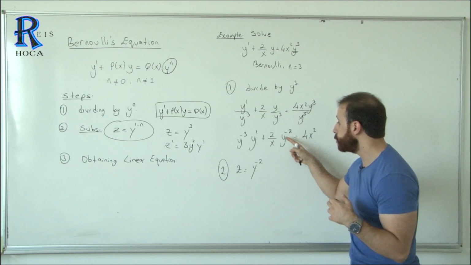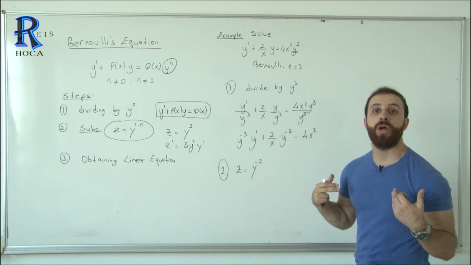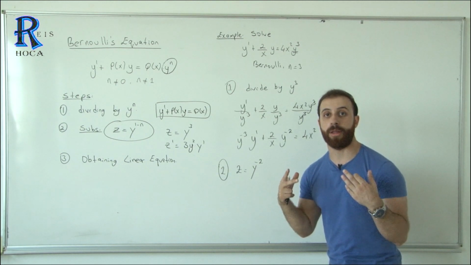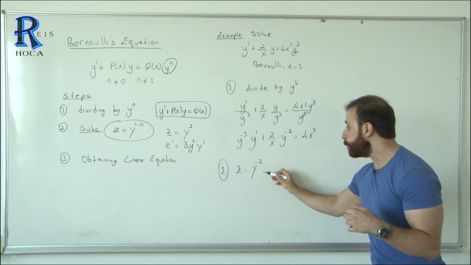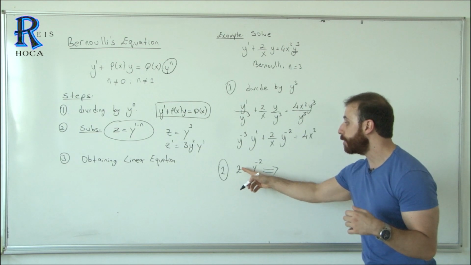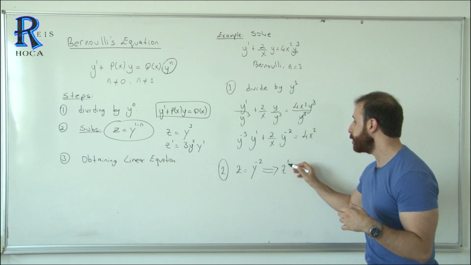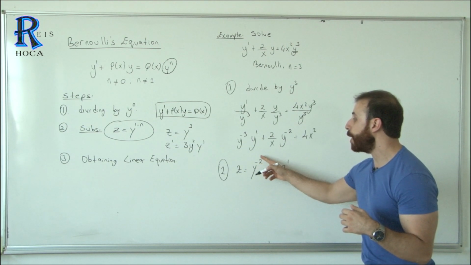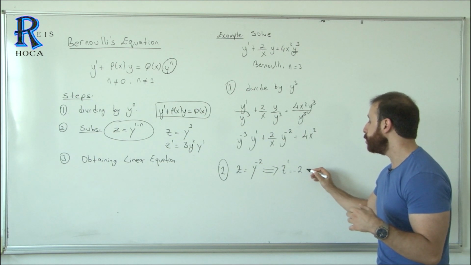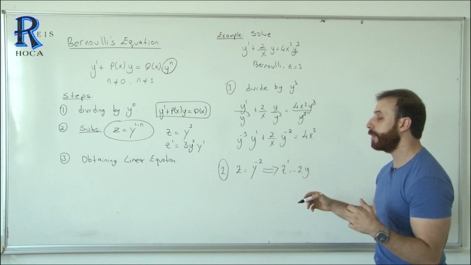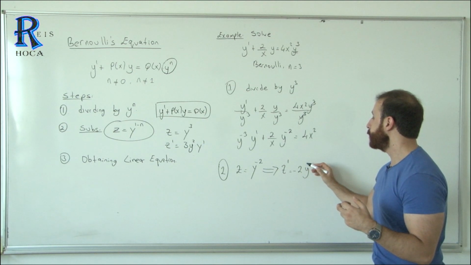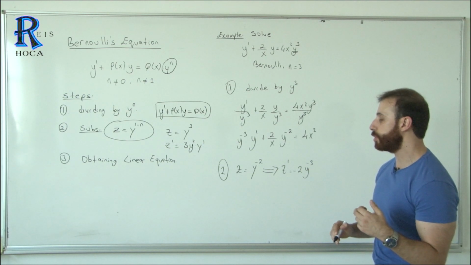Y to the power of minus 2 equals z, so you did everything correctly for this part. And for this part, let's take the derivative. The derivative of z is z prime. The derivative of y to the power of minus 2 is minus 2y, and now let's decrease the power by 1, to minus 3, because we took the derivative.